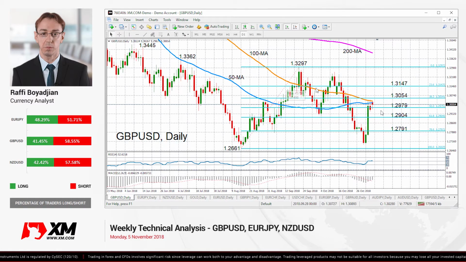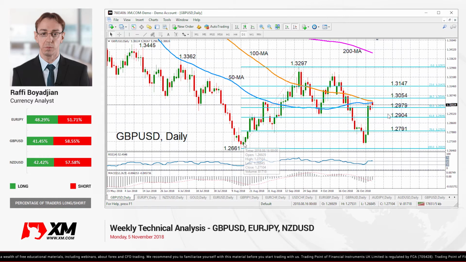However, if they were unable to climb above the 100-day moving average and we see a downside reversal, we could then see that August low 1.2661 coming back into scope and potentially the return of a bearish phase.